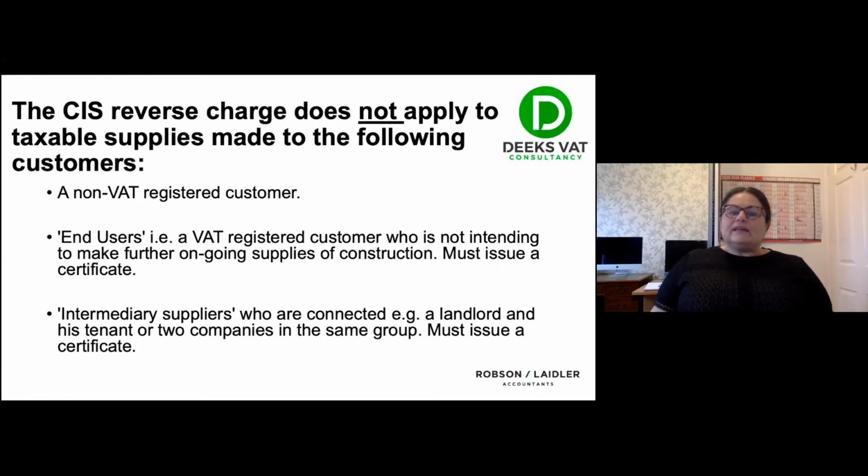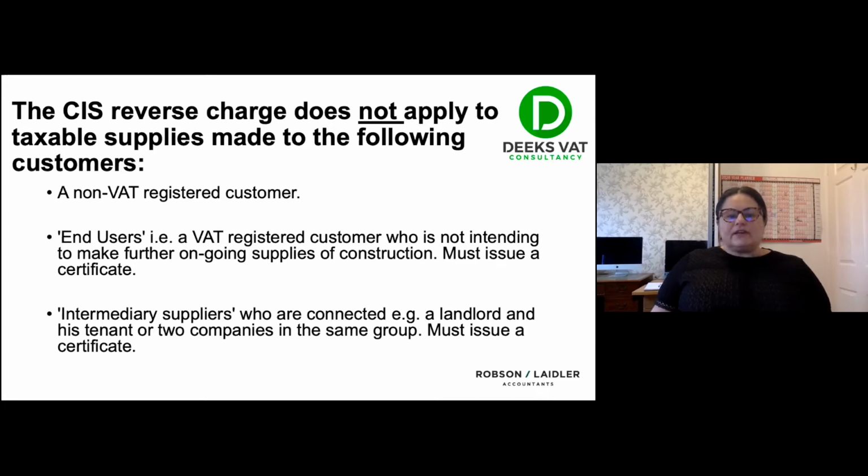It wouldn't apply either to intermediary suppliers, and intermediary suppliers are suppliers that are connected. If you have a landlord and a tenant, and the construction services are being provided to the landlord, who's then recharging the tenant, as they're connected, it wouldn't apply. This is because you wouldn't expect connected parties to be doing any fraudulent behaviour between themselves.